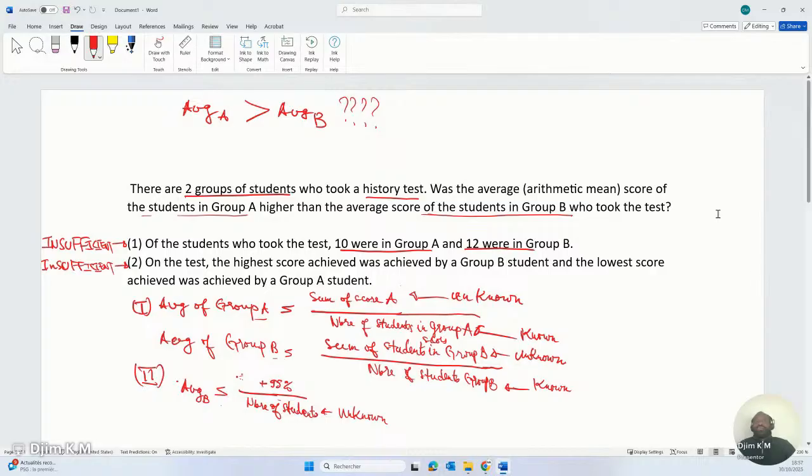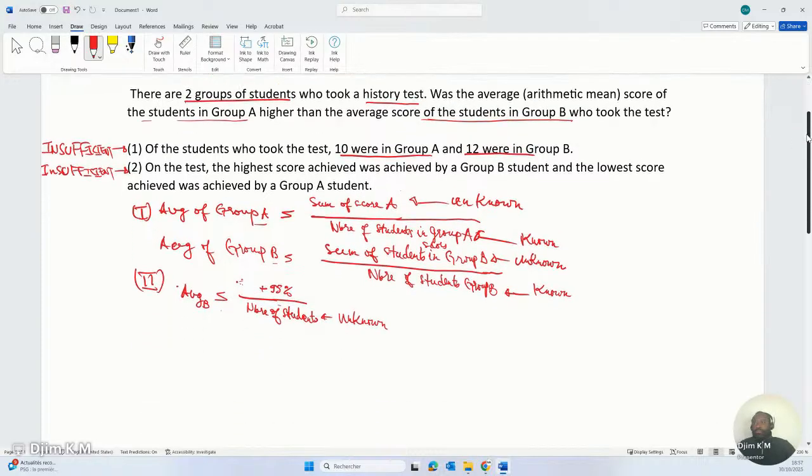And if we try to combine the two conditions, 1 and 2, we are still going to find out that we can't determine.